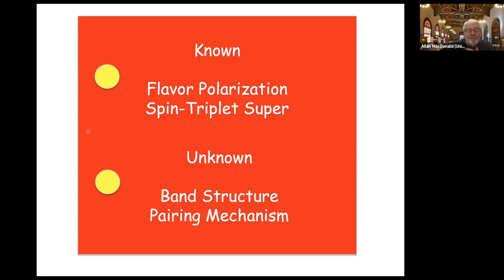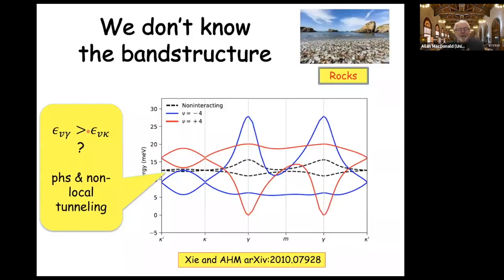But there's a problem. We don't really, with any confidence, know the band structure of twisted trilayer graphene. Let me explain briefly what the problem is. In this slide, in the dashed lines, I'm showing you the band structure at neutrality in twisted trilayer graphene.